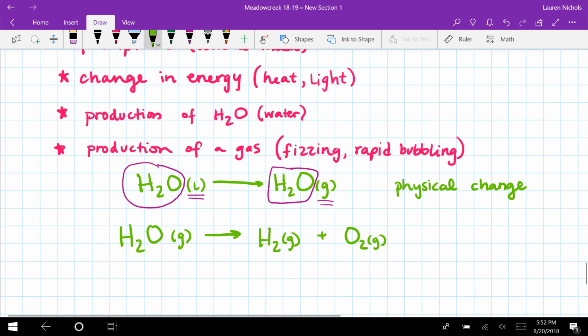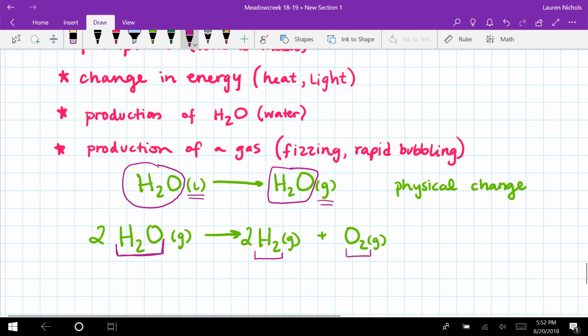This equation would need to be balanced, so let's look at that for a second. So a 2 there and a 2 here. So if this were a reaction, we would see the identity of water at the beginning is no longer the same. Now we have two new substances. I've produced a new gas.